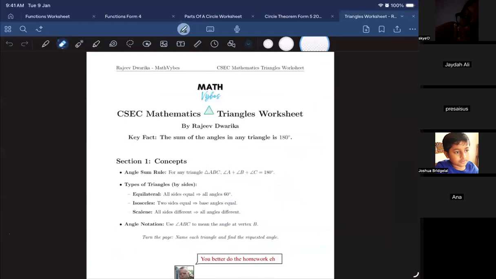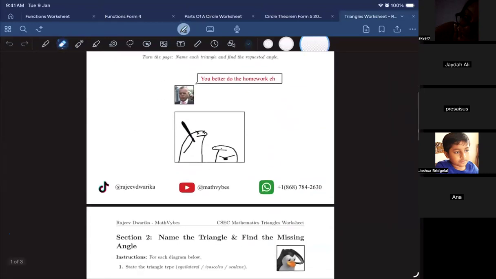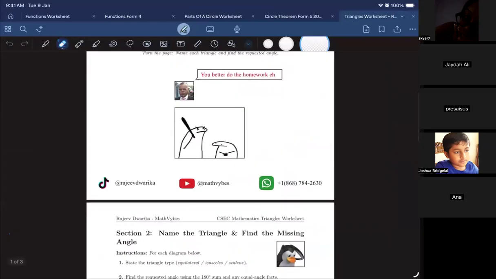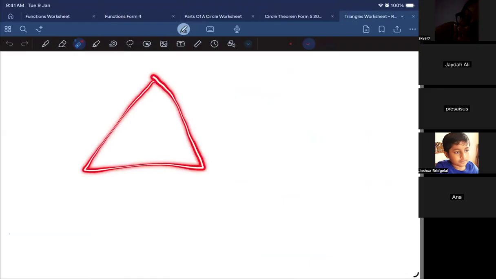Triangles worksheet now. I will run through this. Jira, I'm not hearing you. I'm gonna call on you more. So Jira, you're gonna help me figure out these triangle questions. Before we continue, tell me, if I add up all the angles in a triangle, what are they supposed to get? 180 degrees. Right.